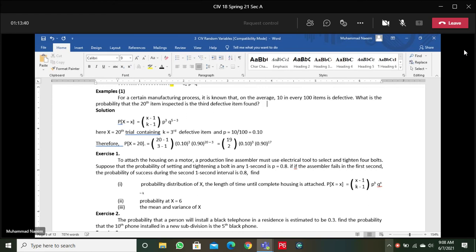This means this is the situation: we have non-defective, defective, non-defective, non-defective, defective, non-defective, non-defective. How many outcomes do we have? 1, 2, 3, 4, 5, 6, 7, 8, 9, 10, 11, 12, 13, 14, 15, 16, 17, 18, 19, but the 20th is our third defective. This is the situation.